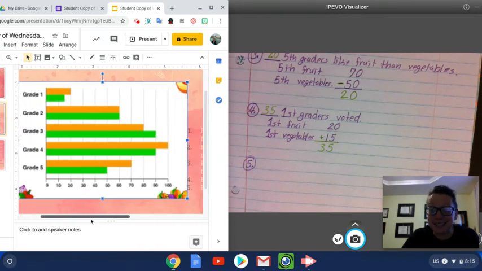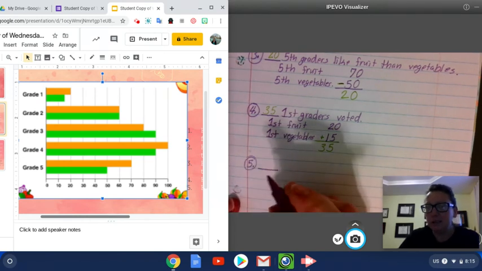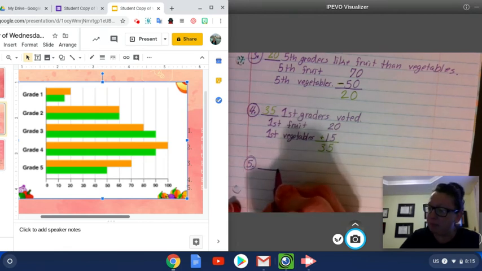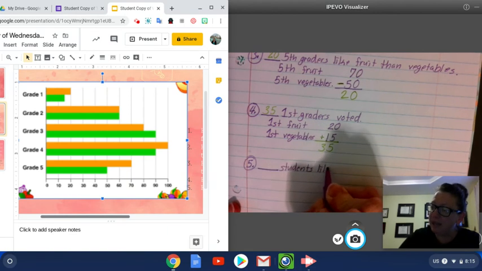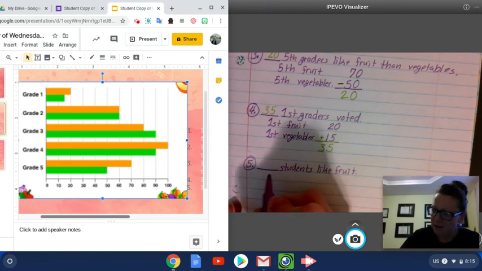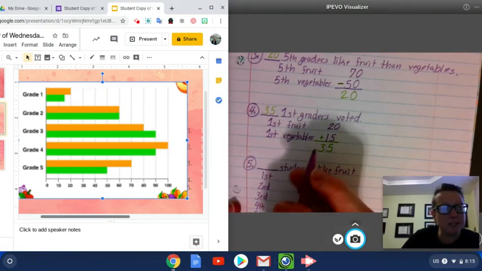It doesn't specify a grade, so that means I need to do it for all grades of students who like fruit. So I need to go through each grade and see how many students like fruit.